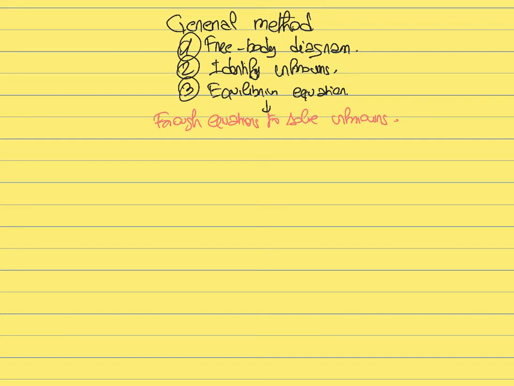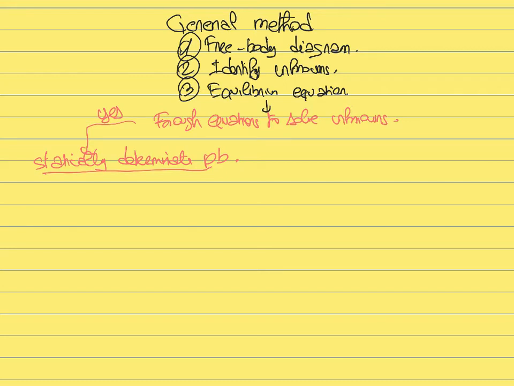In this case, it means that you cannot solve them. You need as many equations as unknowns to be able to solve this system. So if you have enough equations, then you are in the case of a statically determinate problem. Those are the problems that we have been facing so far.